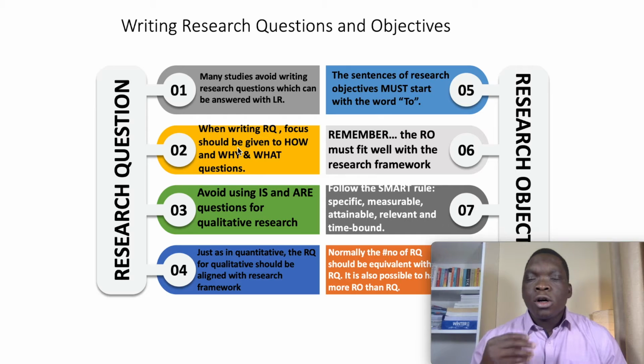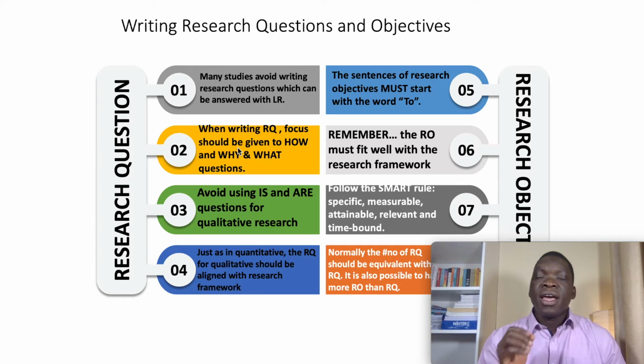Additionally, you also want to make sure that your objectives are SMART objectives. And when we say SMART objectives, it means they are specific in terms of mentioning the variables that you want to study. They are measurable.